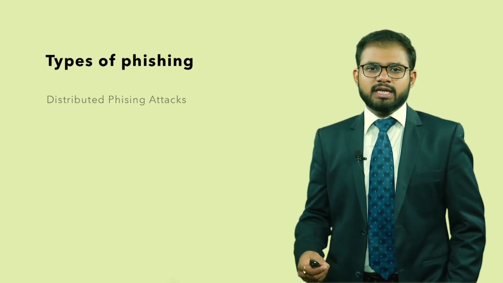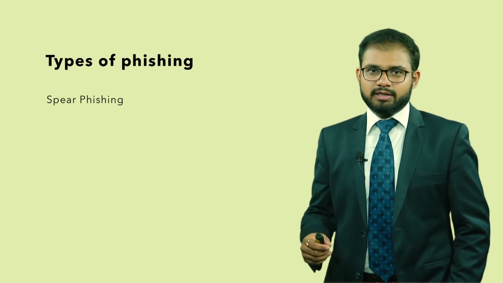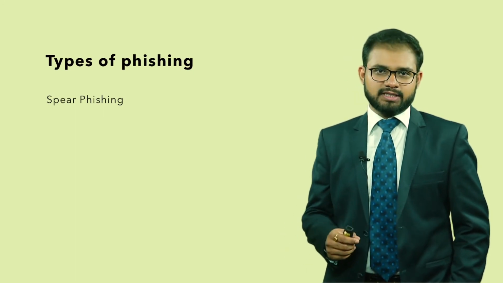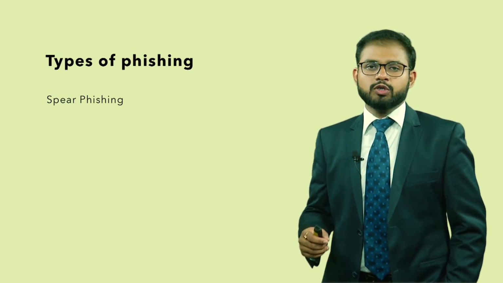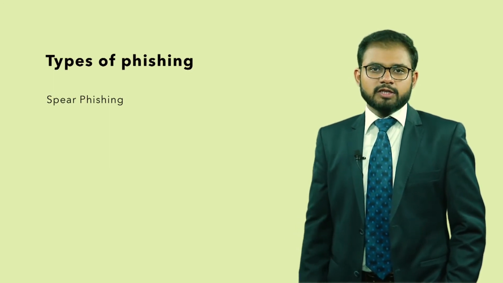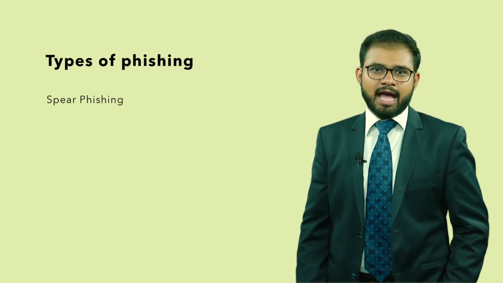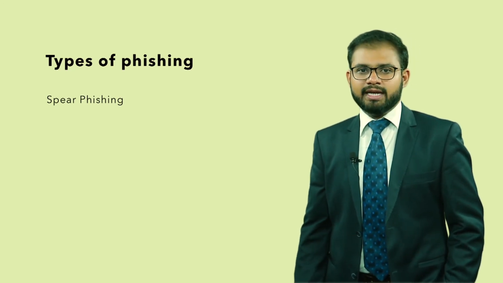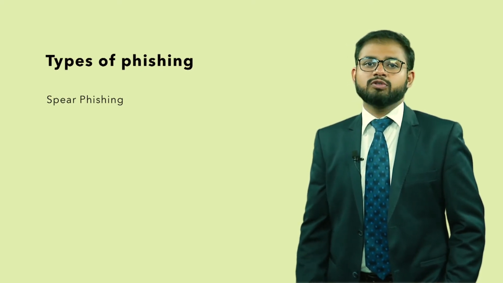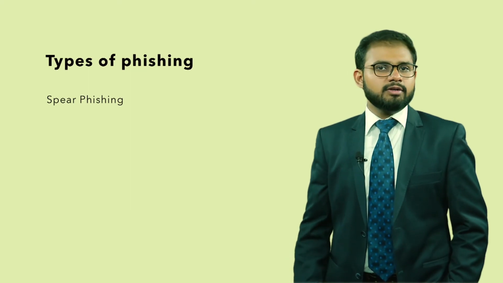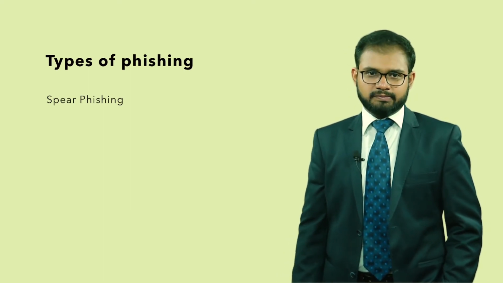A spear phishing is an email spoofing fraud attempt that targets a specific organization, seeking unauthorized access to confidential data. Spear phishing attempts are not typically initiated by random hackers, but are more likely to be conducted by perpetrators out for financial gains, to take out trade secrets or military information.